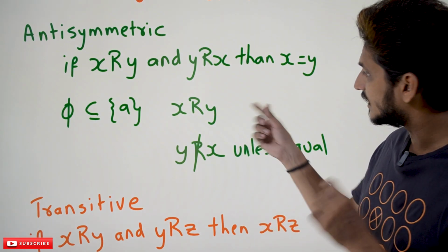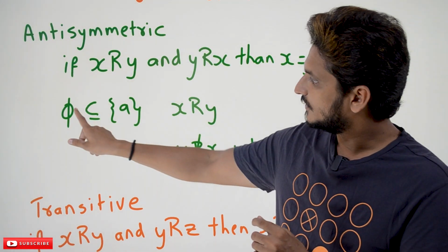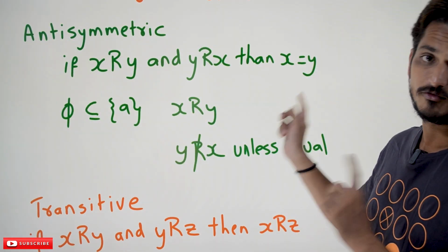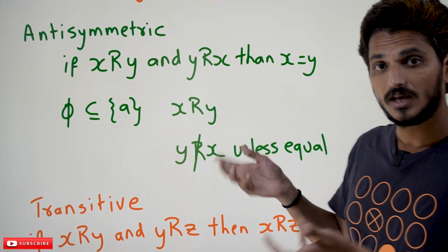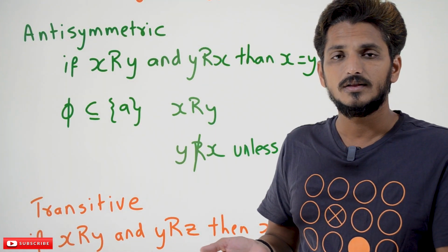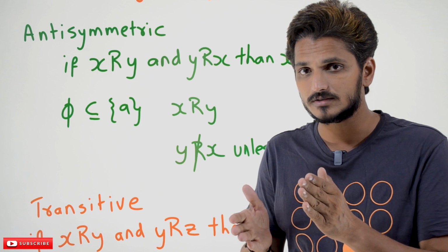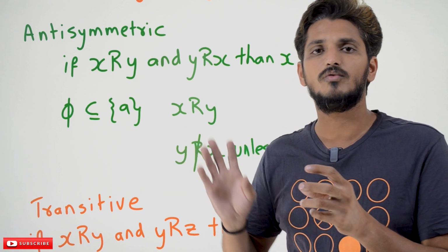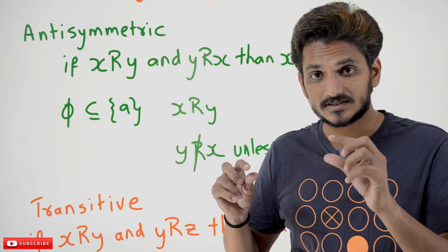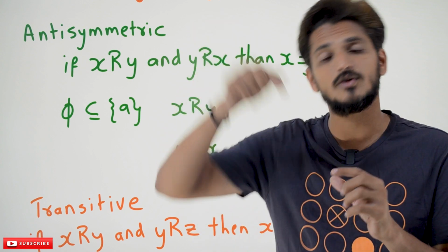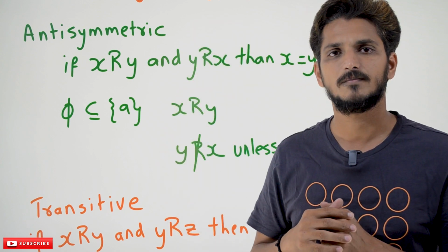For the subset operator, if x is a subset of y and y is a subset of x, then definitely x equals y. Only then does it happen. This is the subset property which we discussed in our sets examples.